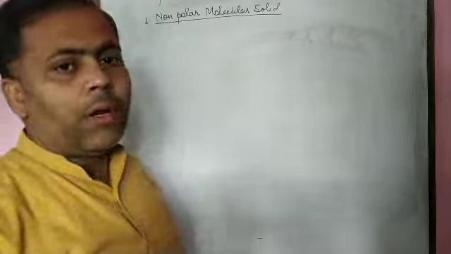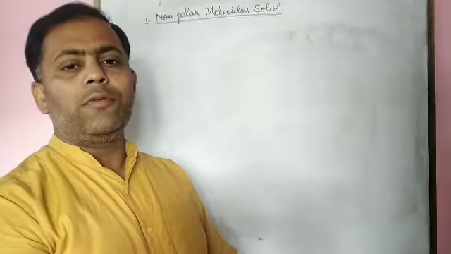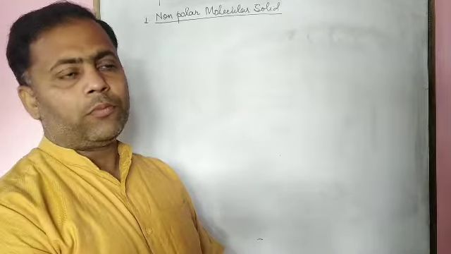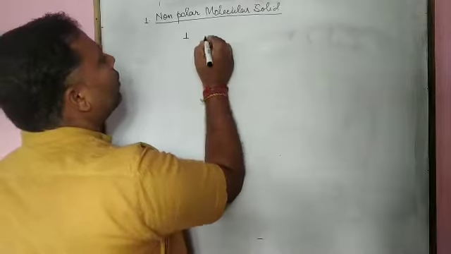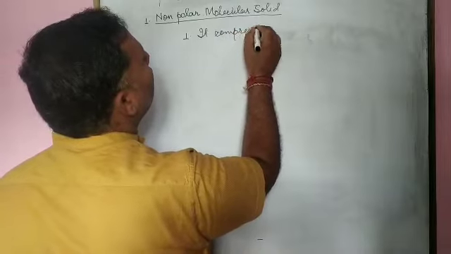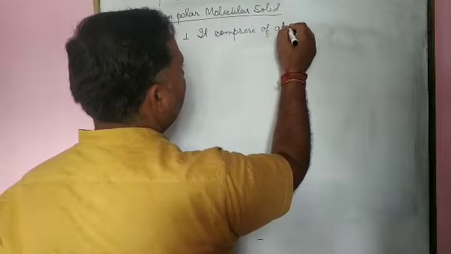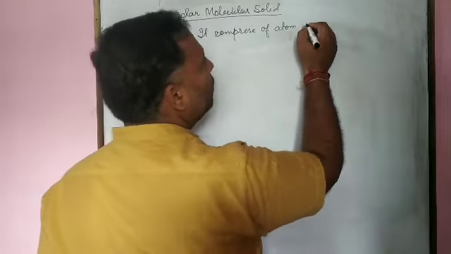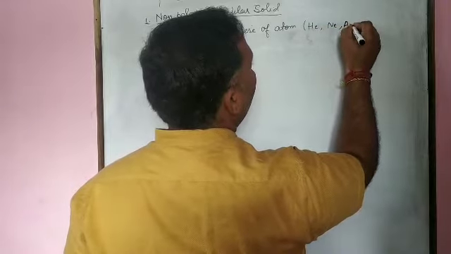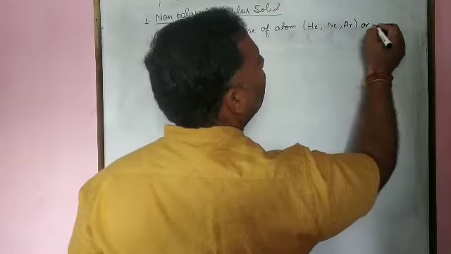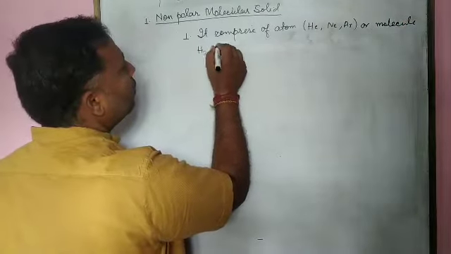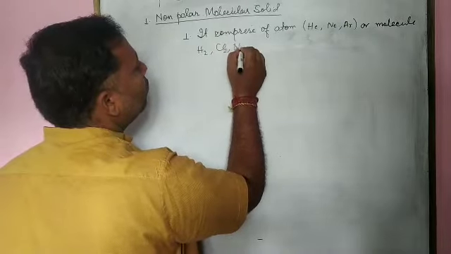In case of non-polar molecular solid, it comprises of atoms or molecules formed by a strong covalent bond. It comprises of atoms such as helium, neon, argon, etc., or molecules such as hydrogen, fluorine, nitrogen.